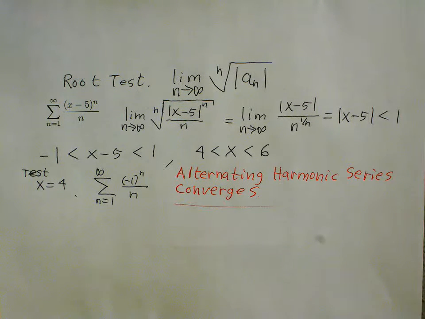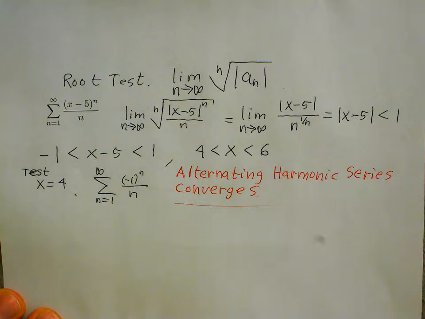The terms 1 over n decrease as n approaches infinity, right? So that's the first condition of the alternating series test. And then the limit of 1 over n as n approaches infinity is 0. So this converges.